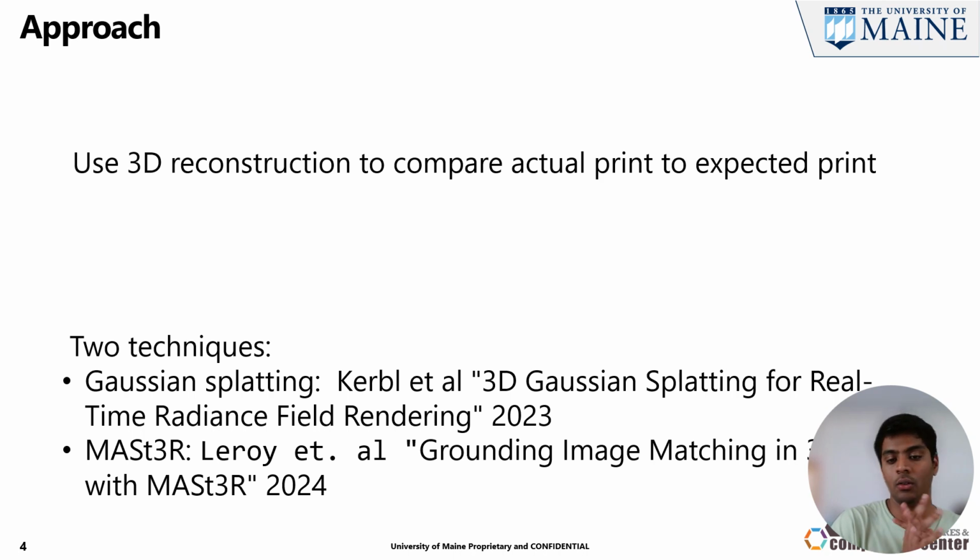For that we have two techniques which we have tried out. Gaussian splatting, which we have explored previously, I'm going to go over our research with that, and the one which we are excited about now is MASt3R, which came out in 2024.